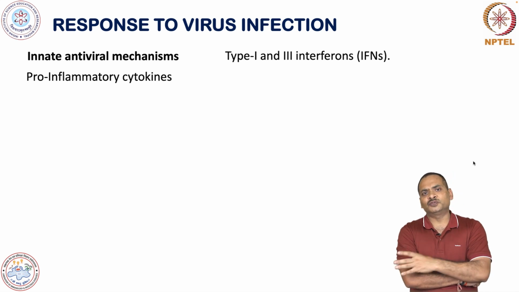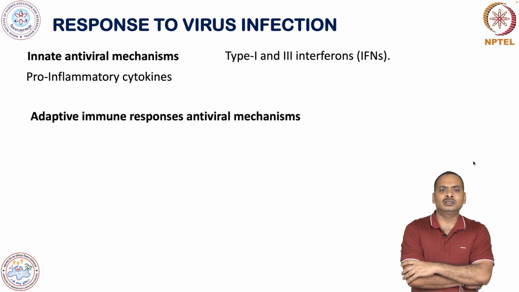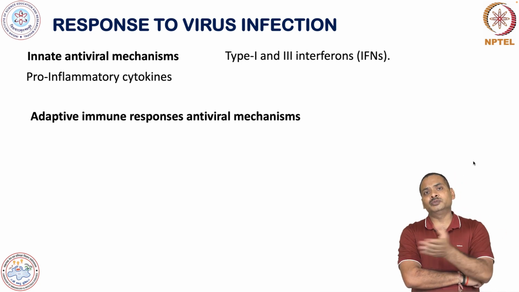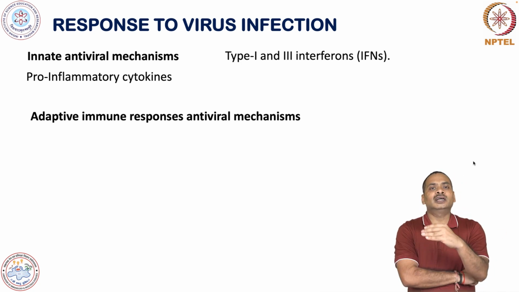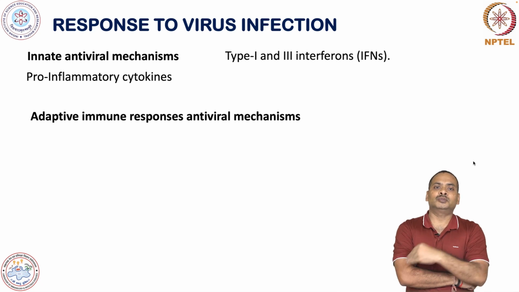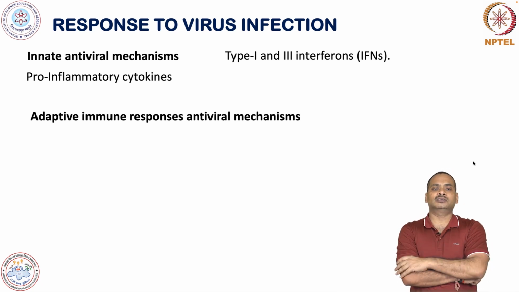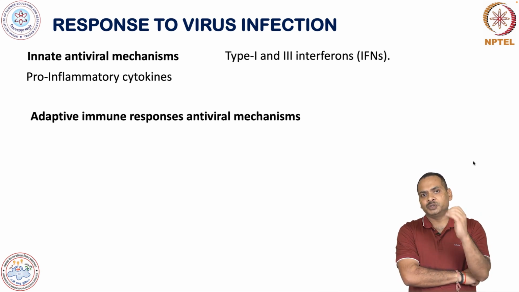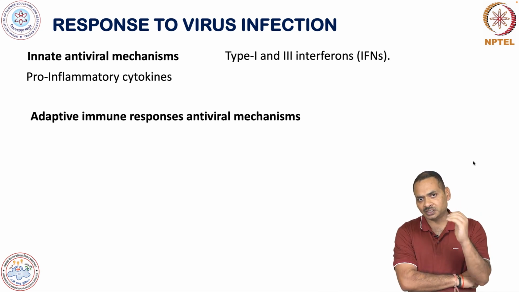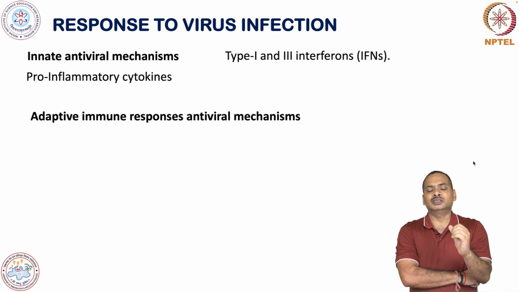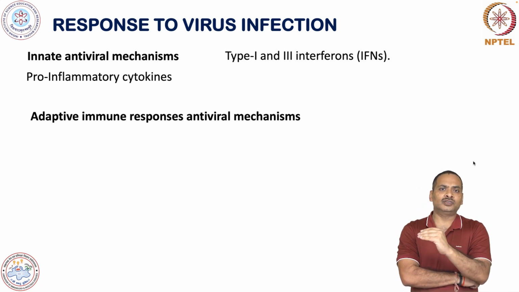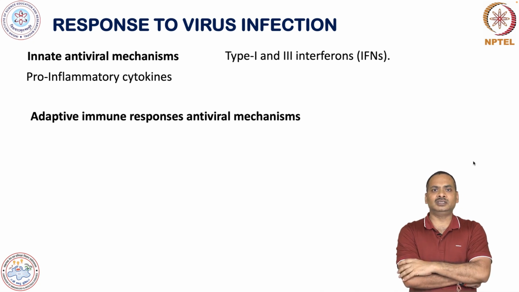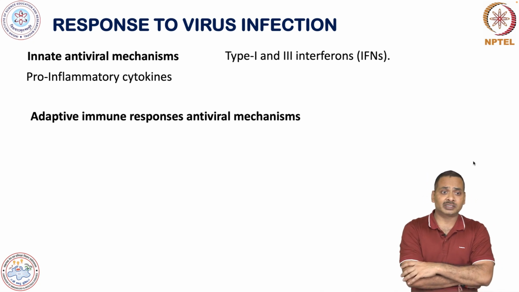Another is production of pro-inflammatory cytokines, and in addition one more innate immune response is cell death: apoptosis, pyroptosis. So these are the key innate immune responses against virus infection: production of type 1 and type 3 interferon, pro-inflammatory cytokines, and cell death. That is also a protective response, as I explained earlier.